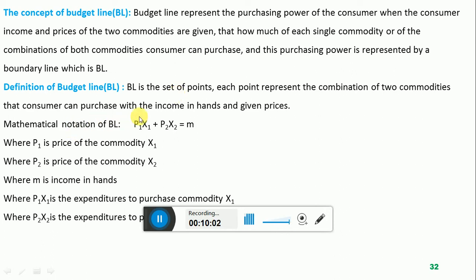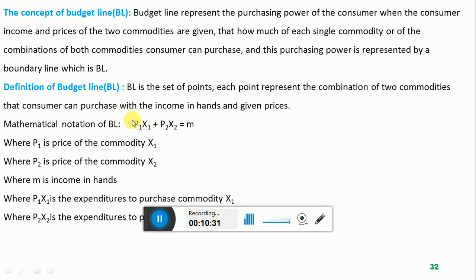This is the mathematical notation for the budget line: P1 x1 plus P2 x2 equals M, where P1 is the price of commodity 1, x1 is commodity 1, P2 is the price of commodity 2 and x2 is commodity 2, and M is the budget of the individual, the money in hand, the income of the individual.